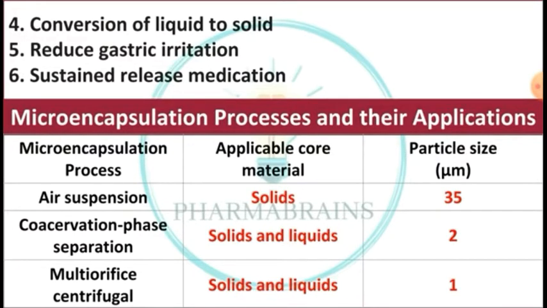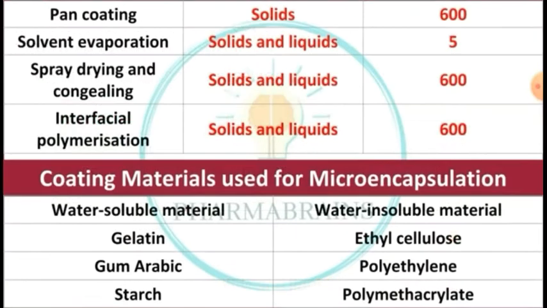The current applications of the coating materials are stabilization of core material, control of release, availability of core material, and separation of chemically reactive ingredients within a tablet or powder.